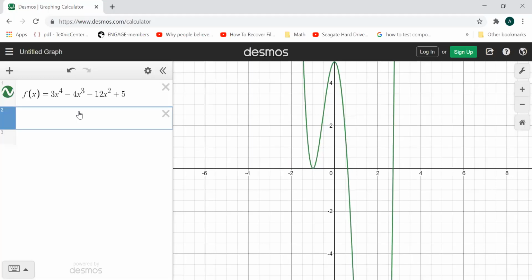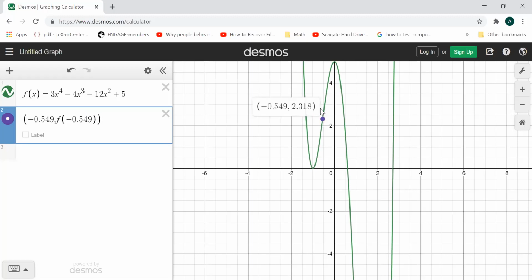So represent the point here, negative 0.549, comma, f of this number. All right, so if we represent that point, that's exactly where the passage on the graph from being concave up to concave down happens. So once you pass this, before this blue point, it's concave up, past this blue point it's going to be concave down.